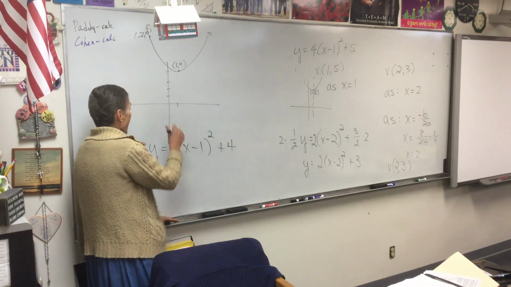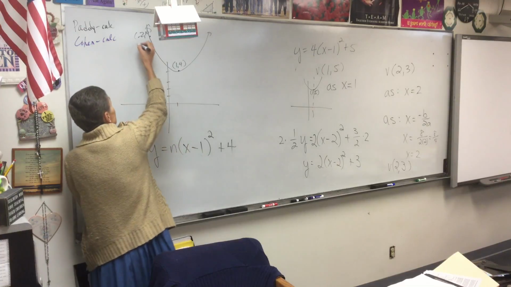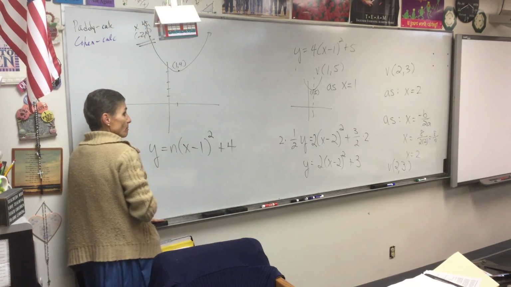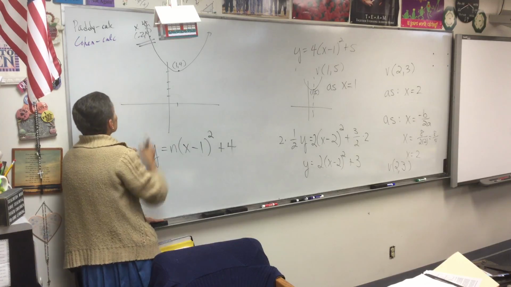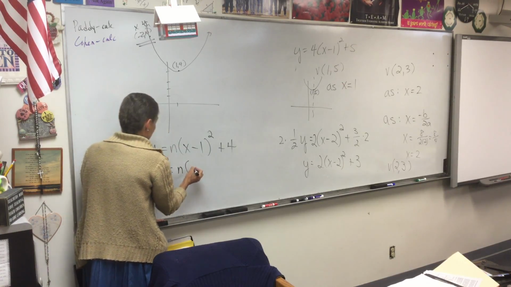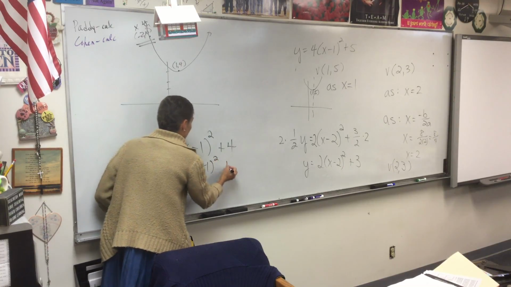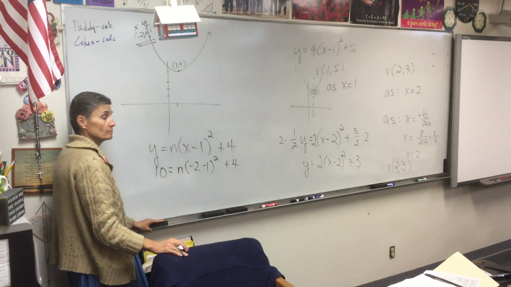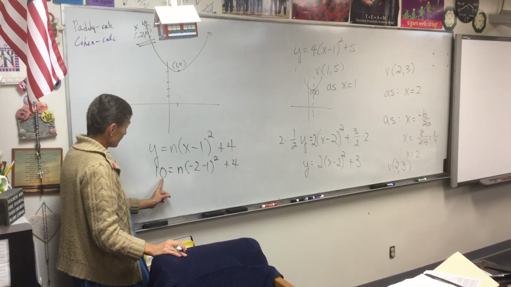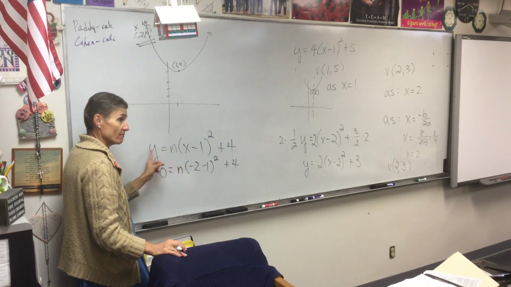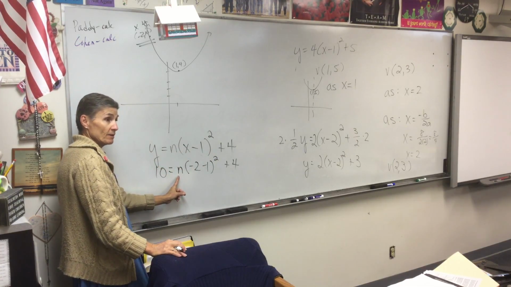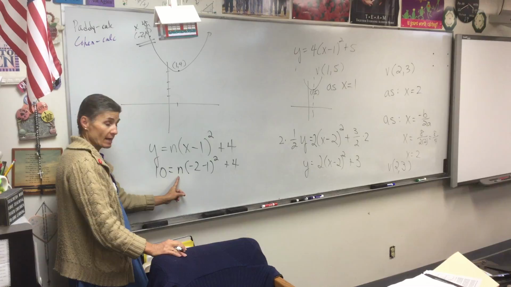Exactly. I want this equation to fit this point. So there's my x and there's my y. So I'll put in 10 equals n times (-2 minus 1) squared plus 4. Here's my x and y, so I'm putting in y and x into my foundation. And now I'm going to be able to figure out what that multiplier has to be.